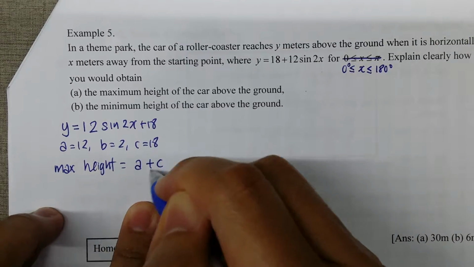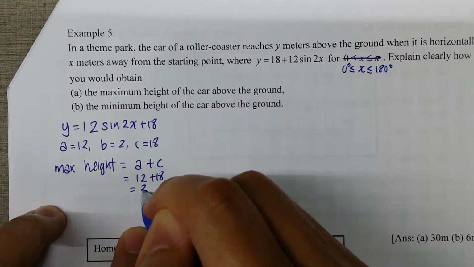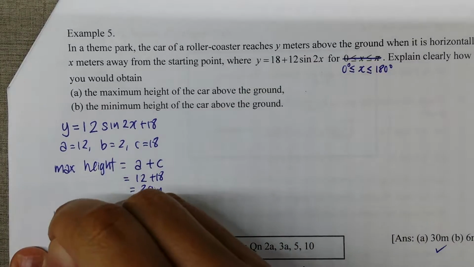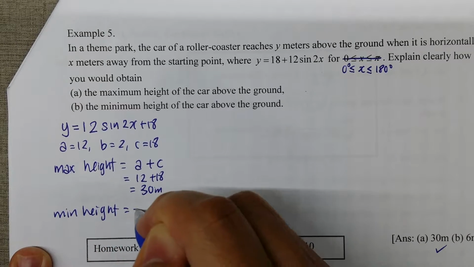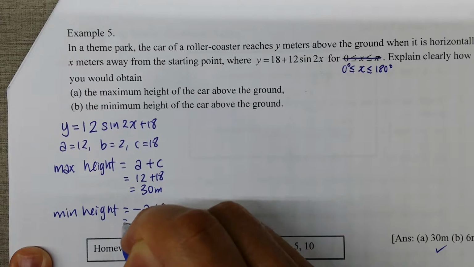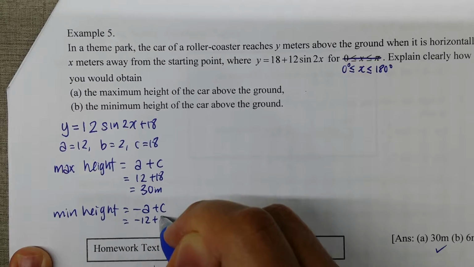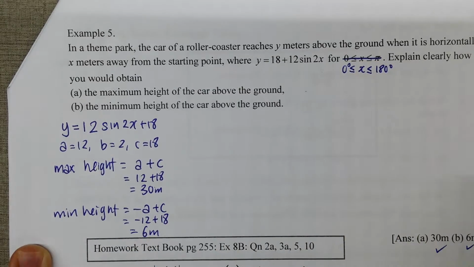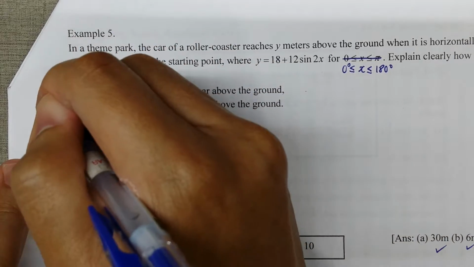A plus c equals 12 plus 18 equals 30 meters. Am I right? Yes. The minimum height, negative a plus c, negative 12 plus 18, is 6 meters. Am I right? Yes. Okay, but this is the first method.